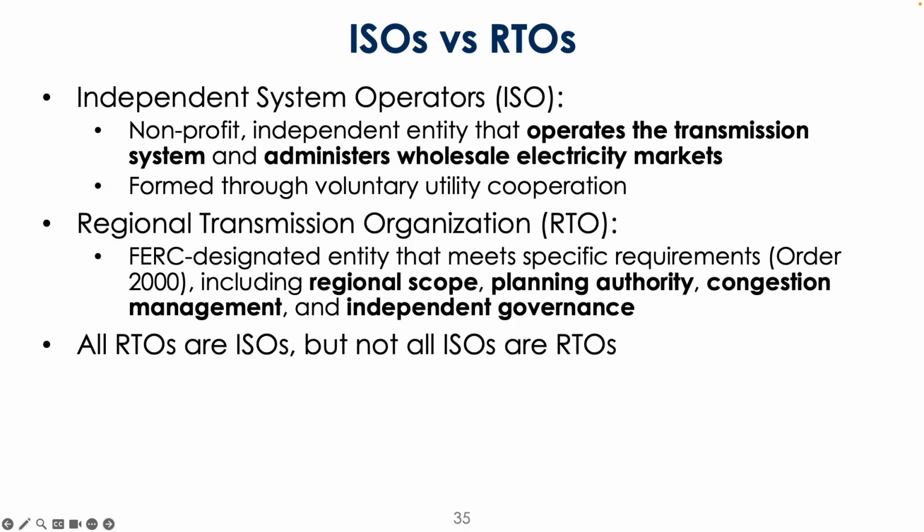Yeah, same sort of subcategory. You can think of an RTO as a subcategory of an independent system operator, but with specific requirements on certain things to do a little bit more.